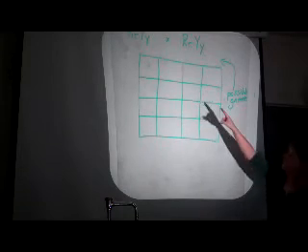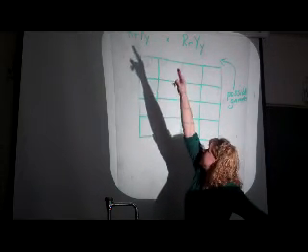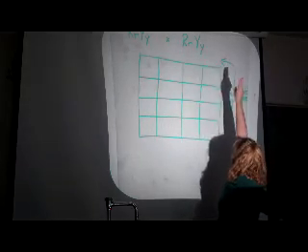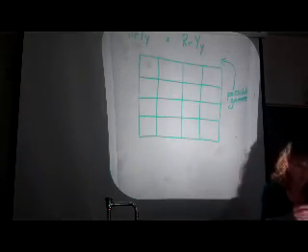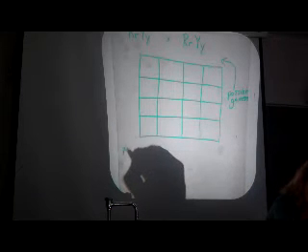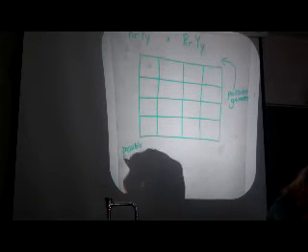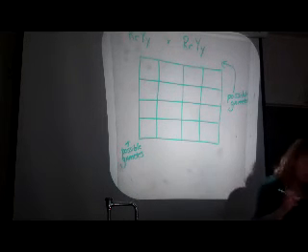Keep them separate. The parent on the left, maybe put along the top. The parent on the right, put down by the side. Possible gametes there, possible gametes here. And you guys should be able to list all the possible gametes here.